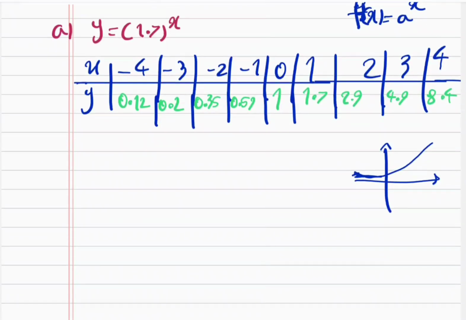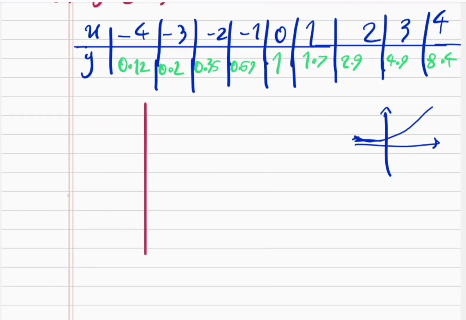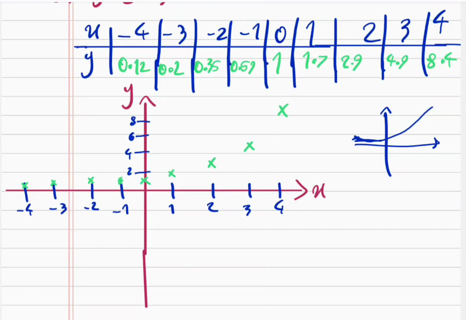So we need the axes, x and y, and now I'm going to plot the points. These are the points, and as you can see, it follows the general form. On the positive side of the x-axis, the higher the value of x, the bigger the increase, whereas where x is negative, the curve approaches 0.